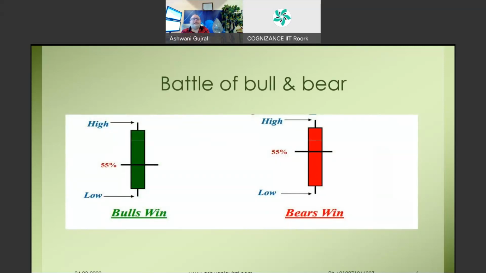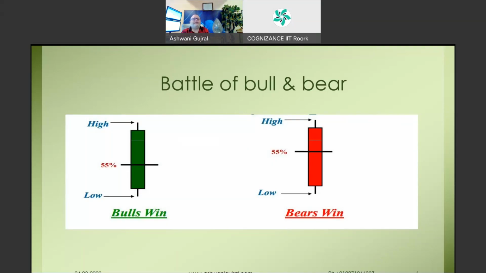Now, this is a bull and a bear bar. The green bar is called a bullish bar and the red bar is called a bearish bar. Each bar denotes a time period where either the bulls won or the bears won. When you have a green bar, that means the bulls won, because it is visually quite appealing.